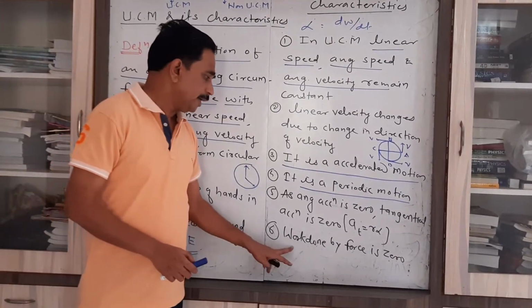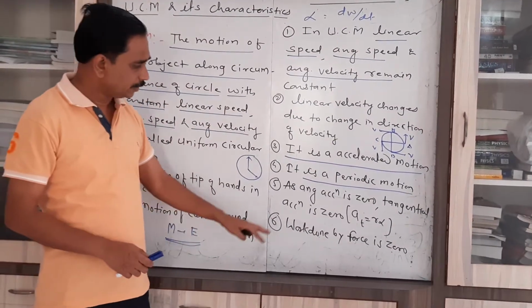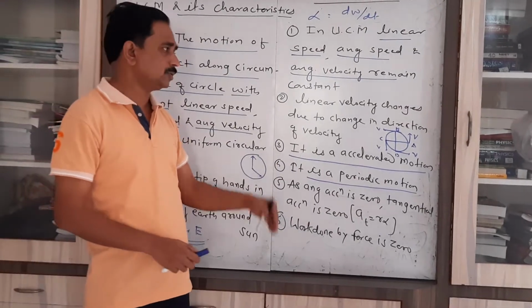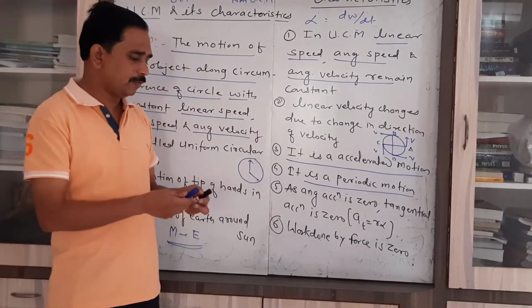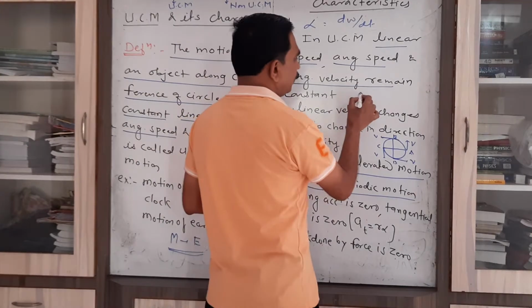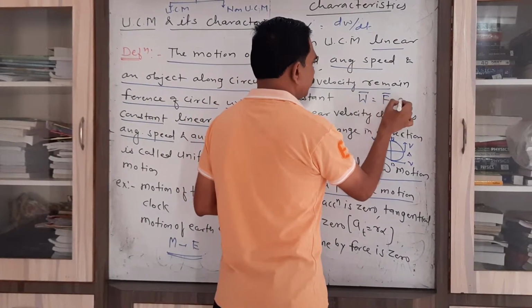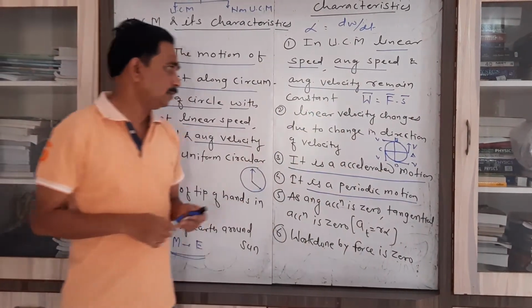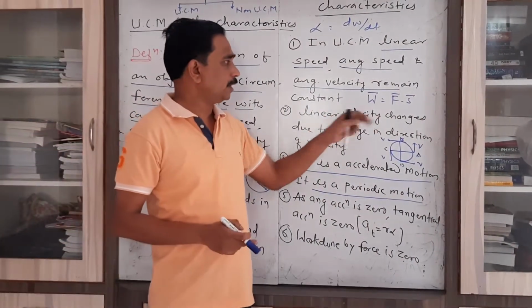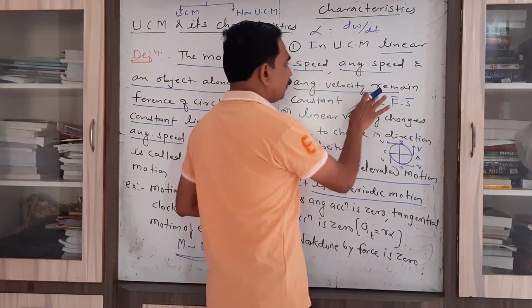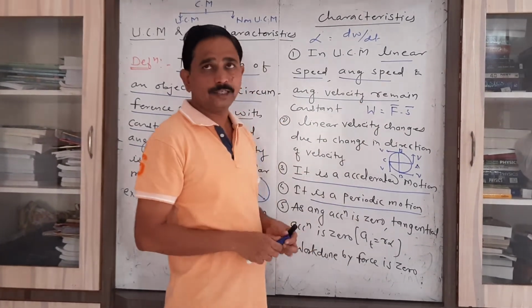And here in uniform circular motion, the work done by the force on a body is equal to 0. Now why is the work done by the force on a body 0? We know that work done is the product of force and displacement.